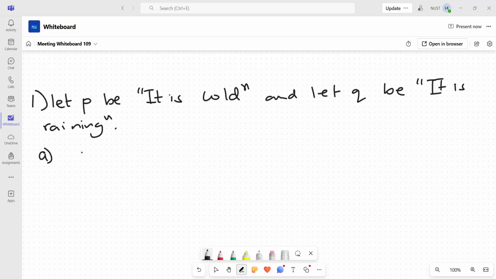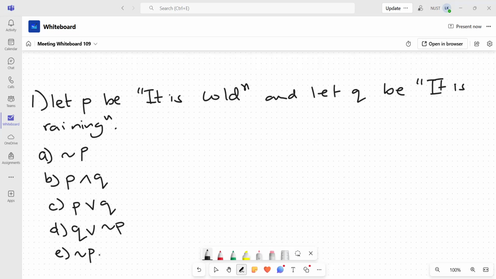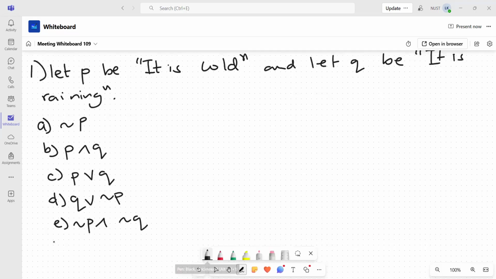So we want to say in words, what does not P mean? What does P and Q mean? What does P or Q mean? B, what does Q or not P mean? And what does not P and not Q mean? And what does not Q mean, or what are they in terms of our sentences?